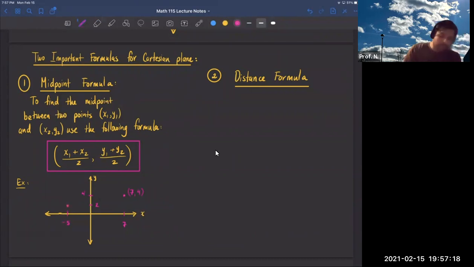If I have a point like this, what I want to figure out is what is that point in the Cartesian plane where it is equidistant, directly equidistant between, meaning it's the same distance to both points.